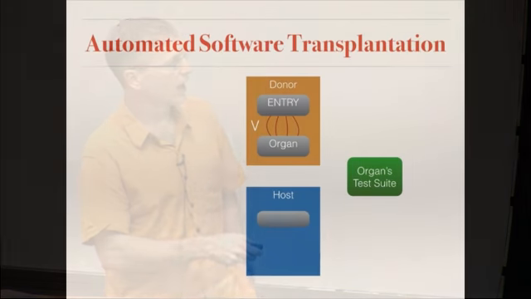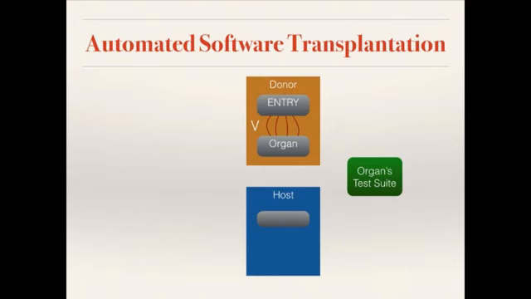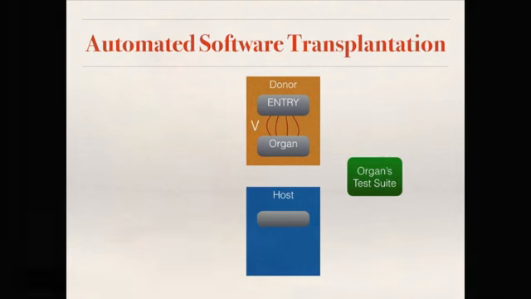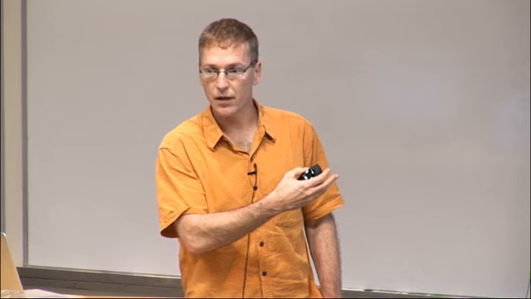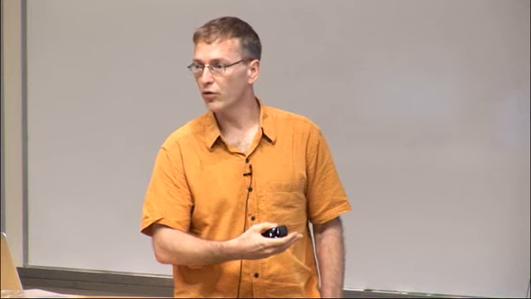So using a test suite that exercises this organ, I can slice out the organ and one of its veins, insert it into a host where it then can be exercised, automating the process of moving functionality from one code base to another.